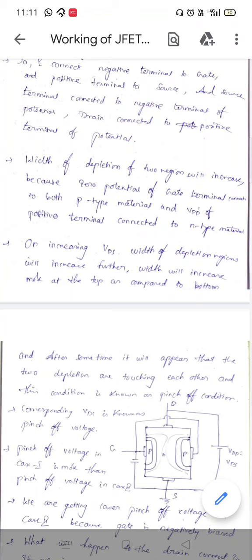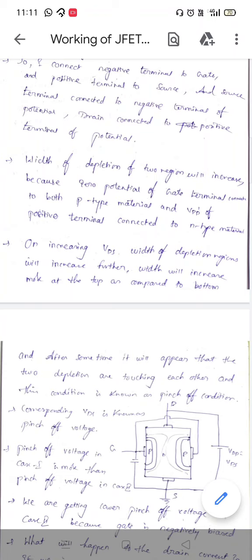When we increase VDS, the width of the depletion layer increases at the top region. It will be thinner at the bottom region, near the source terminal. Why is it increasing? Because this device is in the reverse bias condition.